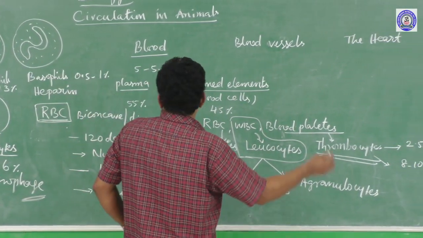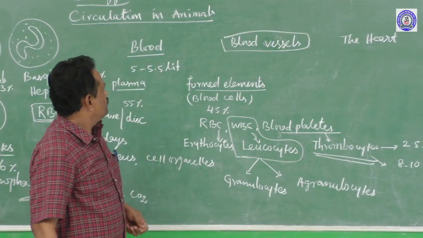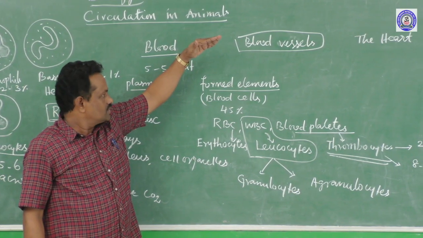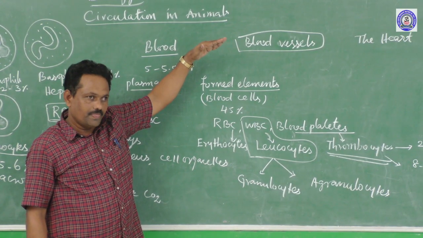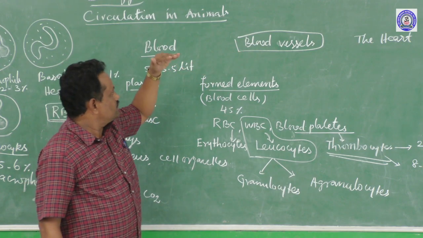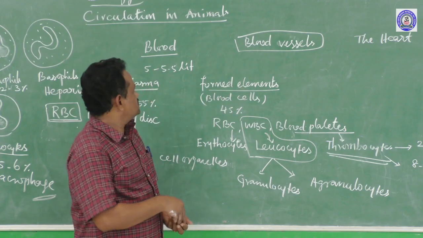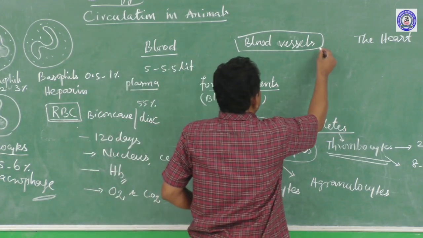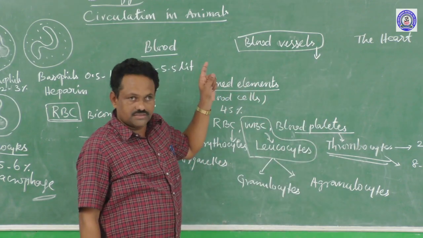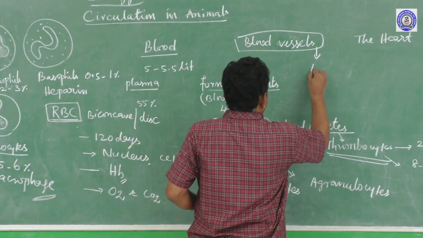When we come to the next one, the blood vessels. Blood vessels are a network of capillaries which are helpful to connect the various organs in the organ system. The blood vessels are of 3 types based on their function. One is arteries.